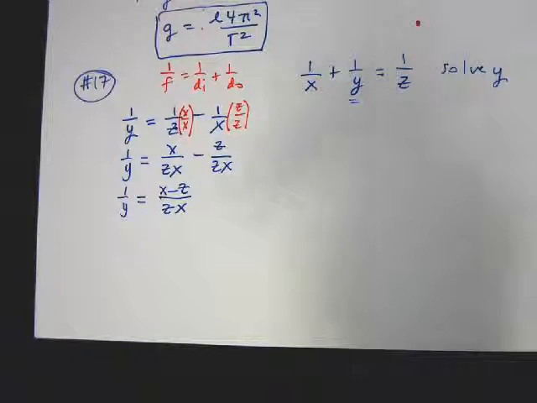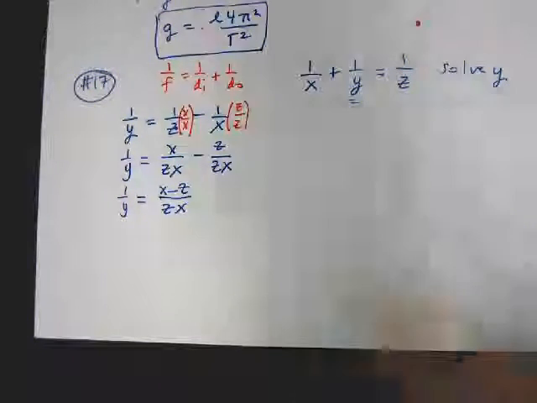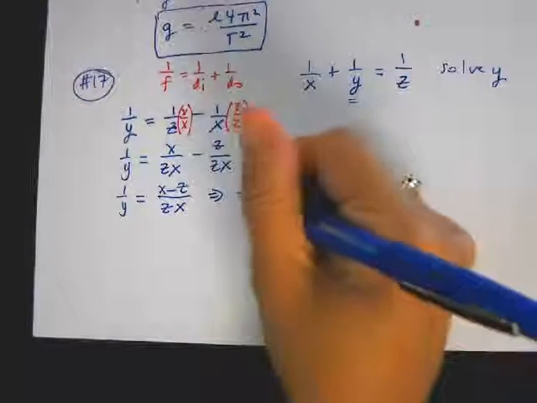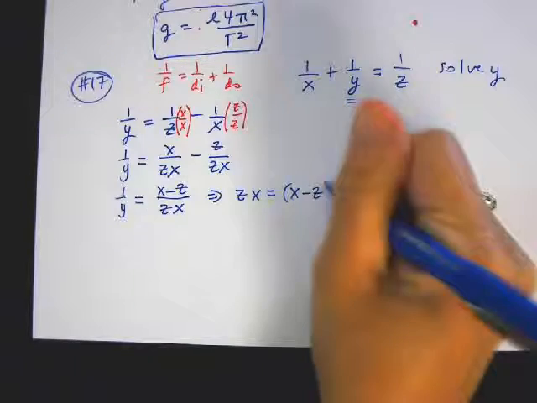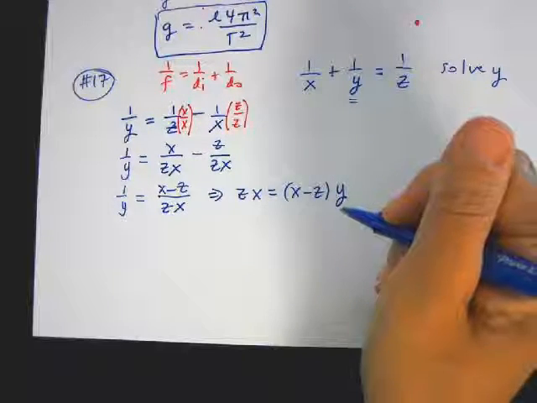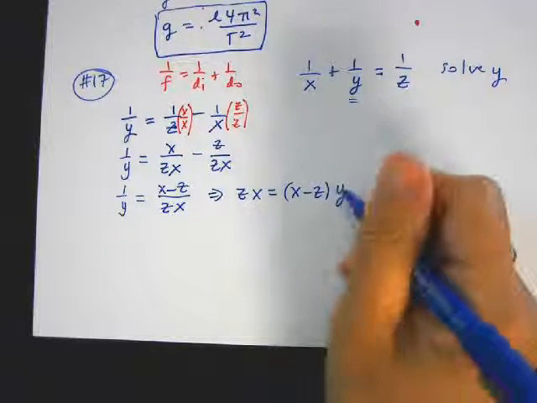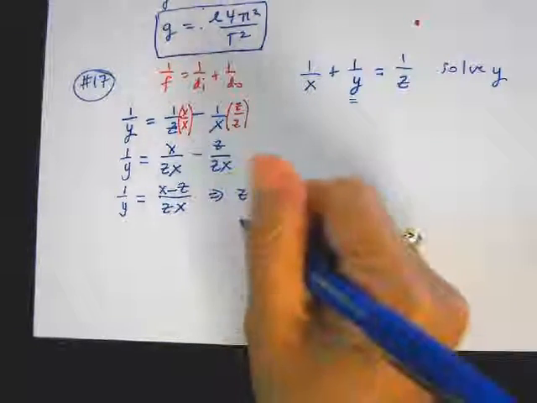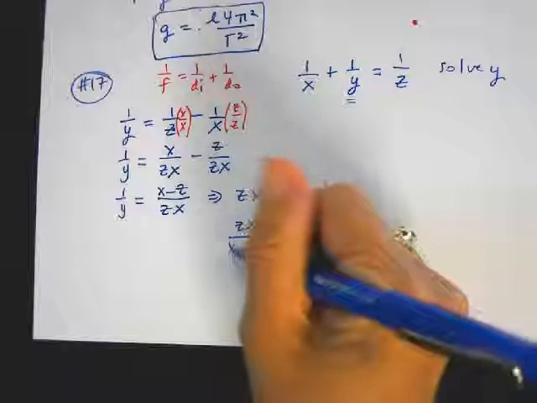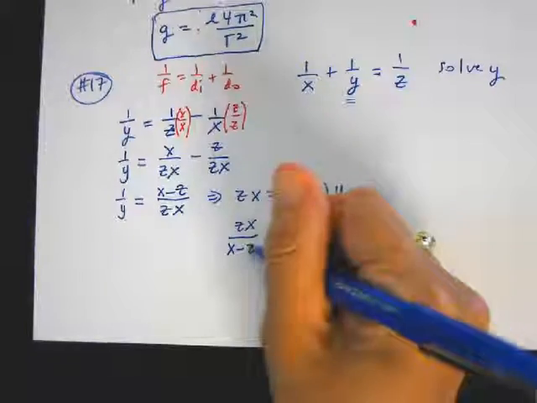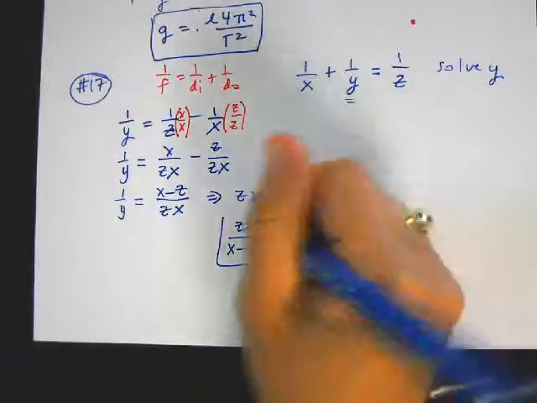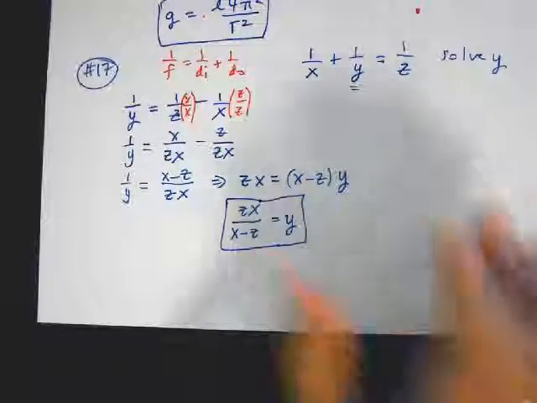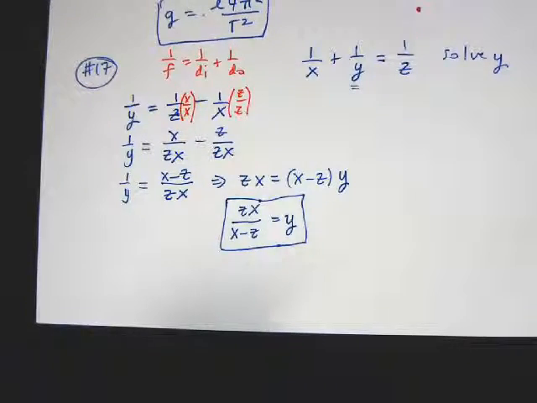So I have zx is equal to x minus z times y. Now I want to solve for y, so I'll divide by this. So zx divided by x minus z is equal to y. This is my unknown in terms of my known, and this is actually just Algebra 1. And that's it.